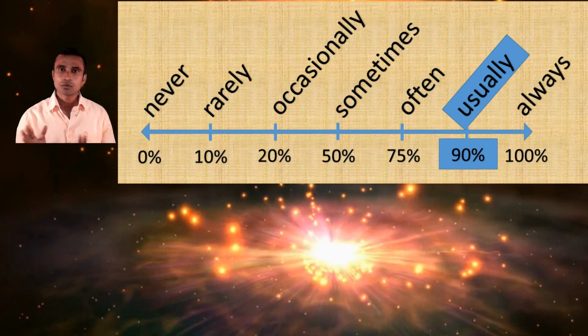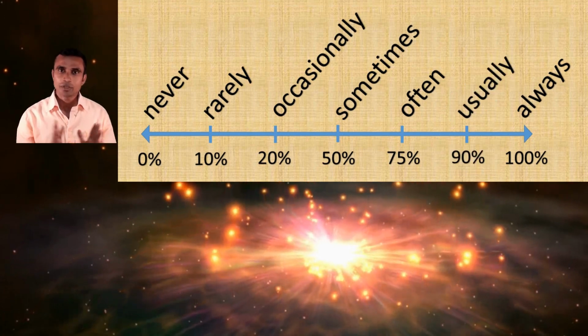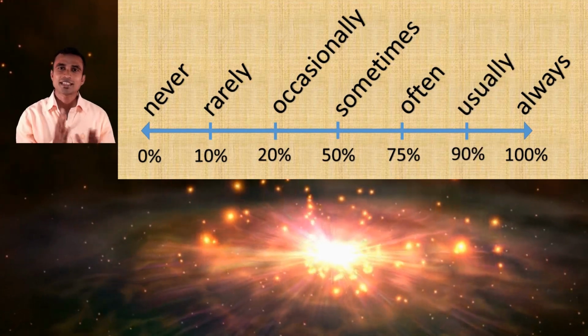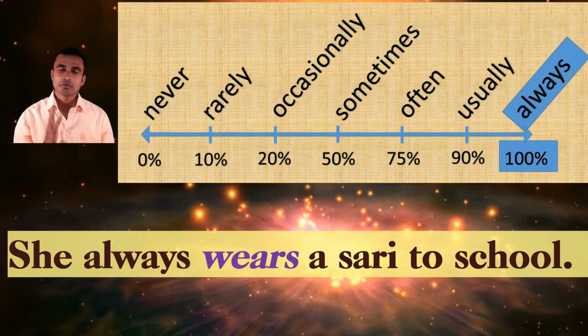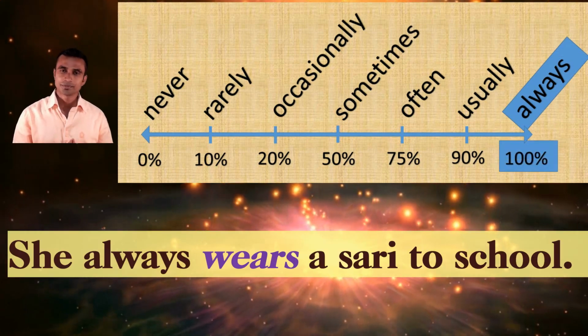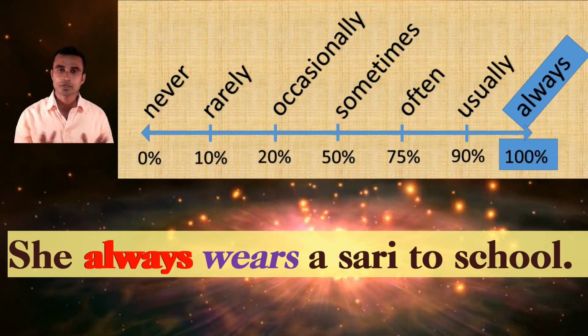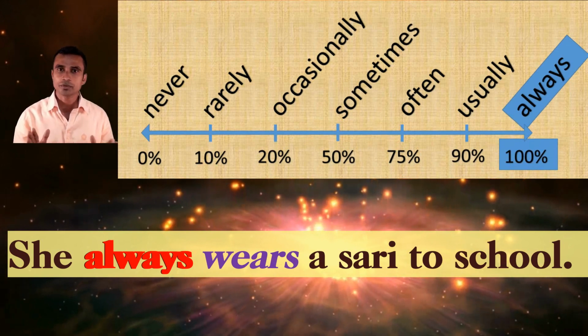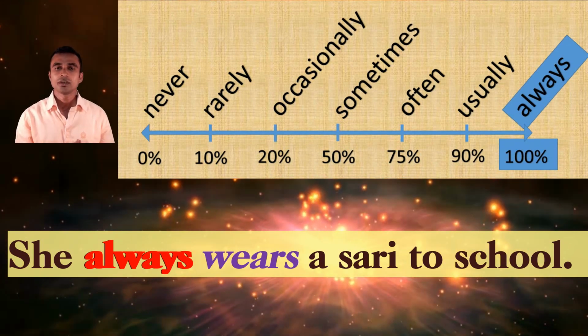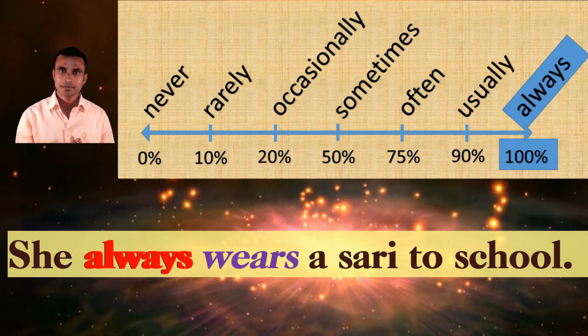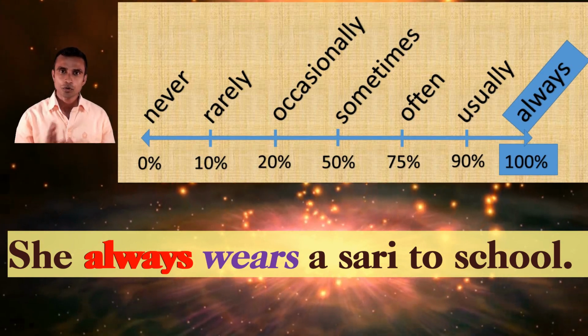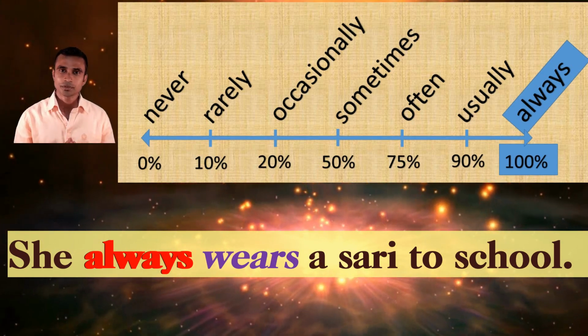In that way we have a number of frequency adverbs in the language. Another example, she always wears a sari to school. Always. That is 100% of the time. 100% of the time we see her in the school, she is wearing a sari. That is the meaning of that. Always means 100%.